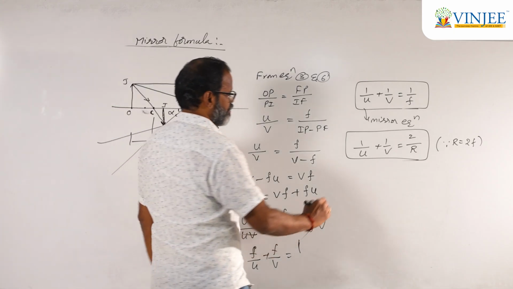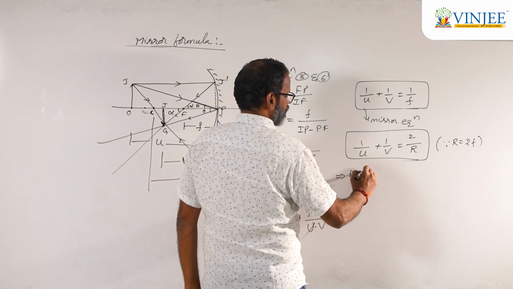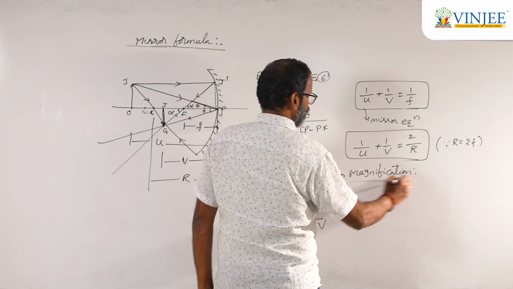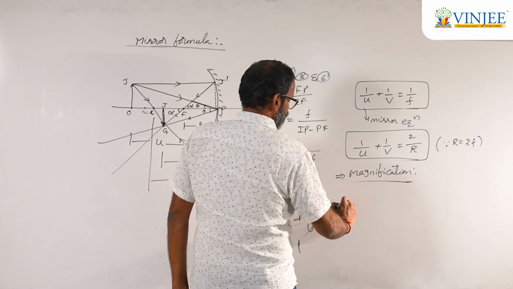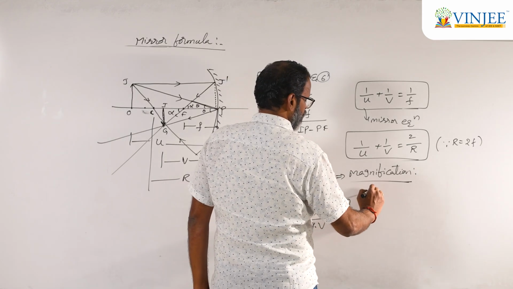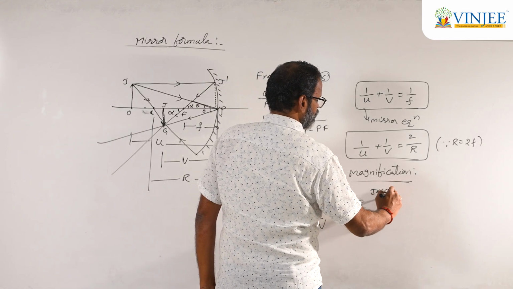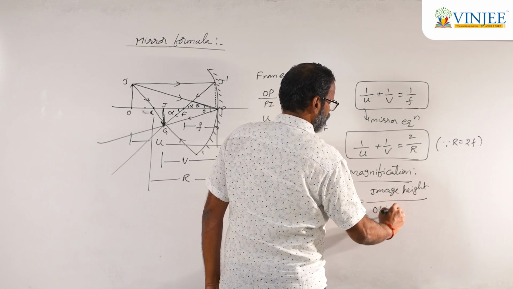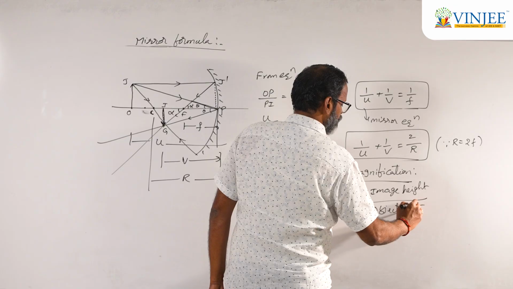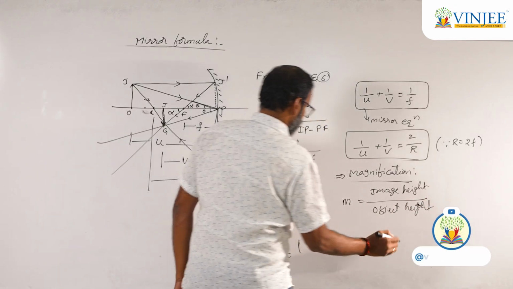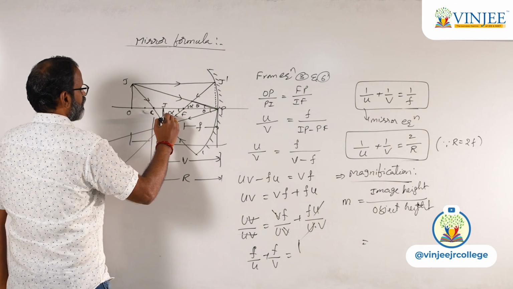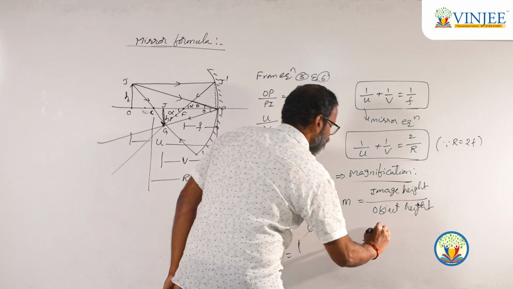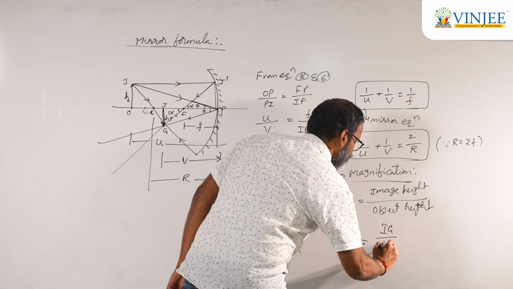And here we define one more definition, magnification. How to define the magnification? Magnification is defined as the ratio of image size to the object size, or image height to the object height. Let us suppose this is the height of the image and this is the height of the object, that is equal to IG divided by OJ.